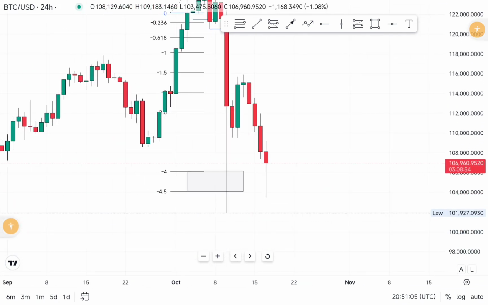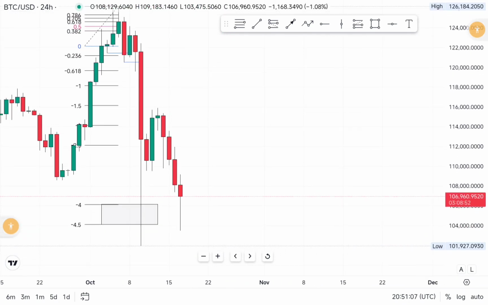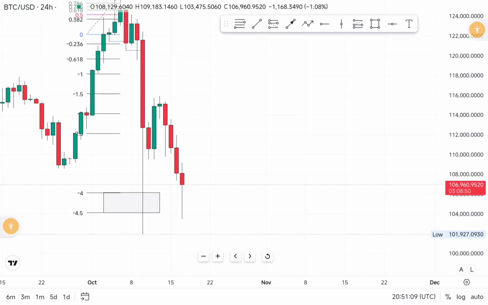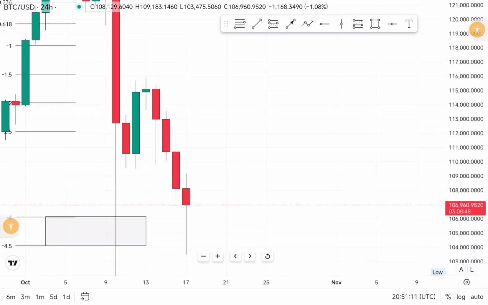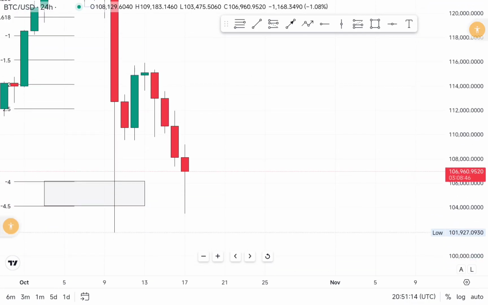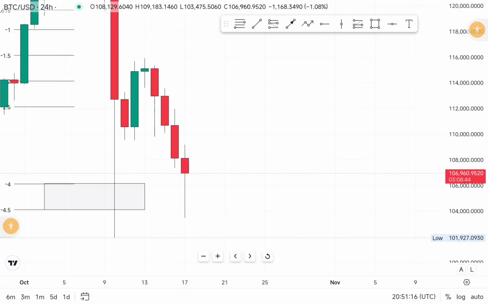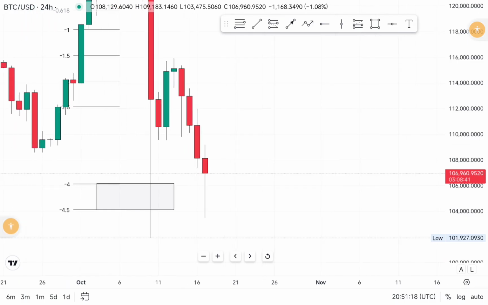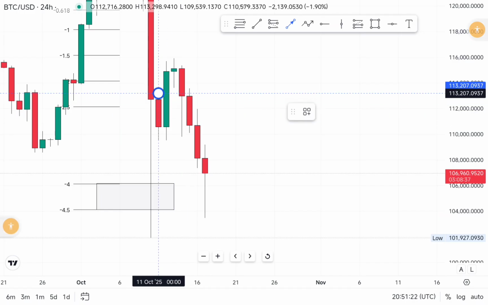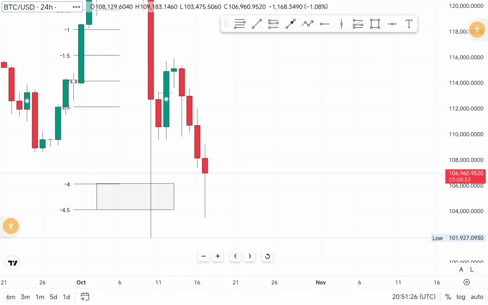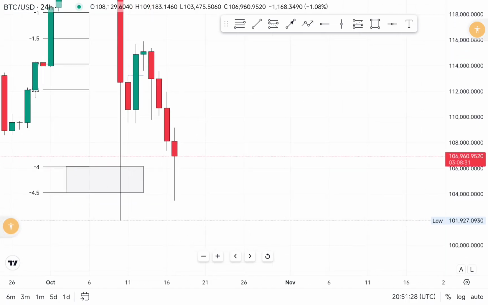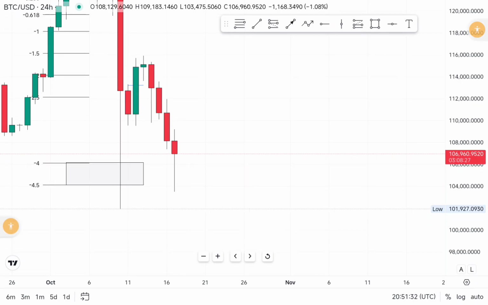So going down to the -4 and -4.5 region, at this particular region we are expecting a reversal to the opposite side of the trend. From here we look for a structure shift, a change of character.